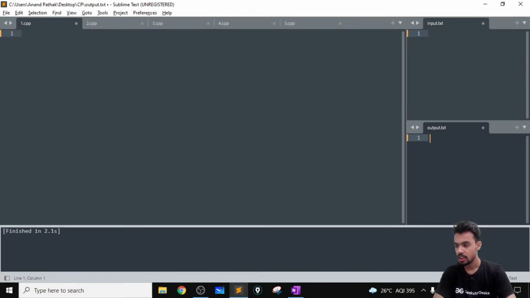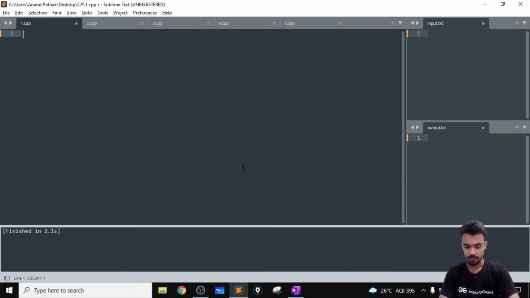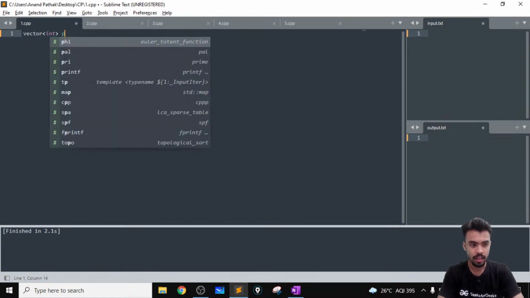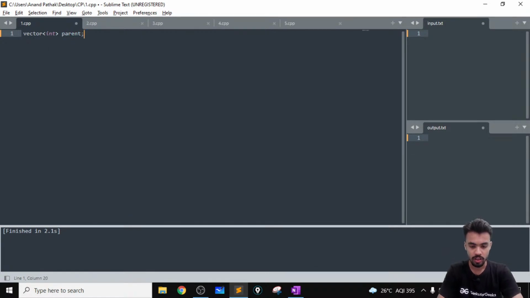Okay, so how we are going to code it? Let me first include the header files. I'll be including that later, but before, let me just implement the function part. So the function takes a vector of int, the parent. I'll initialize the value of the parent in the driver function itself, and with this I have to implement two functions.